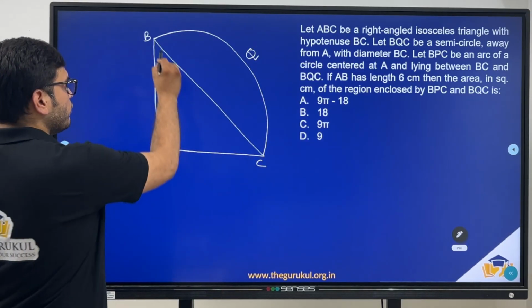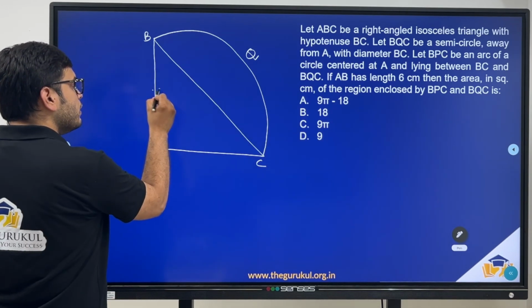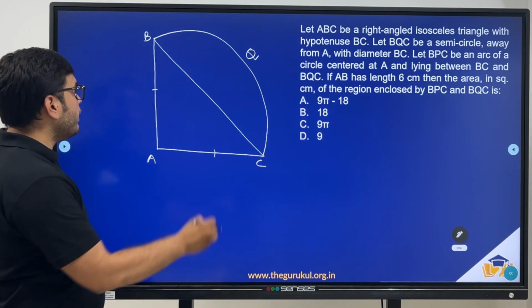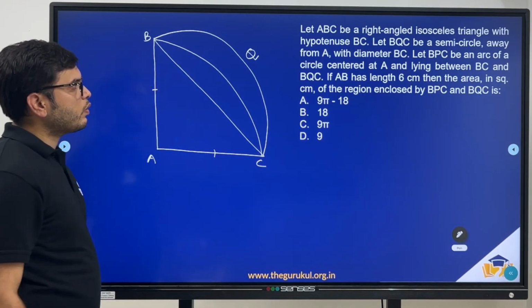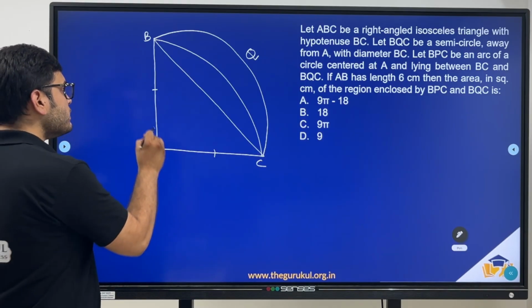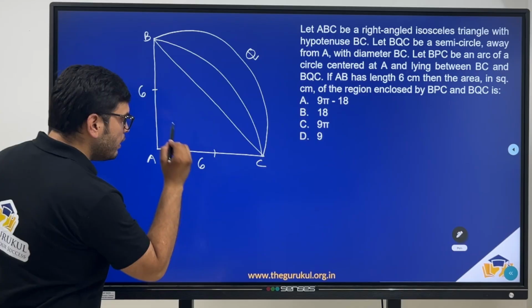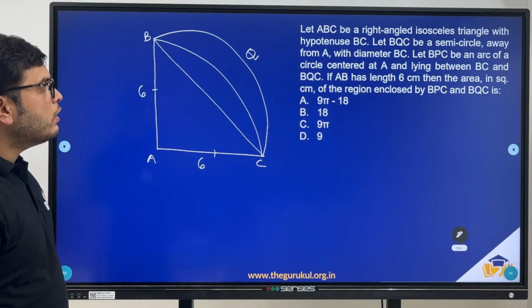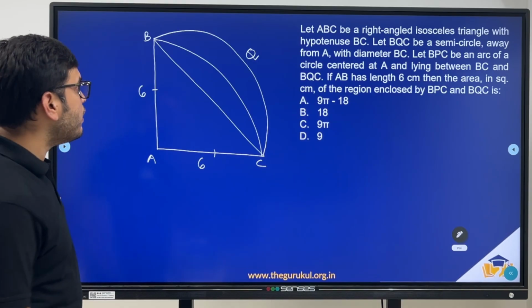Right. So we have something like this with A being the center. Now since this is an isosceles triangle, these two sides are equal and the arc will look like this. Now if AB has length 6 centimeters, if this is 6 centimeters, this will also be 6 centimeters. The region enclosed by BPC and BQC is.